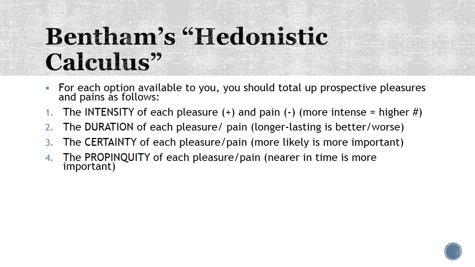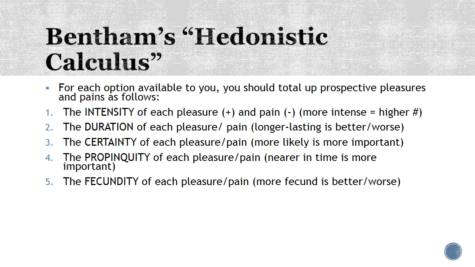True to the saying, a bird in the hand is worth two in the bush, a pleasure that is going to happen sooner rather than later is, all things being equal, going to be more valuable. Although, of course, something that is very valuable but takes a long time to arrive might be as valuable or more valuable than something that's only a little pleasurable, but that'll happen immediately.